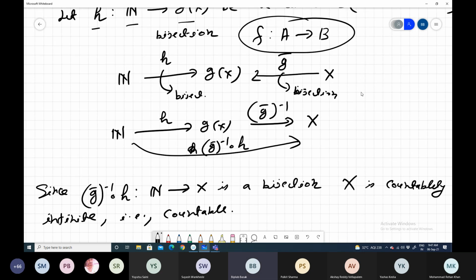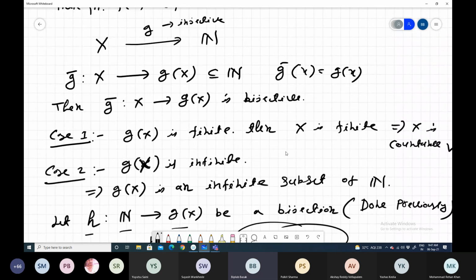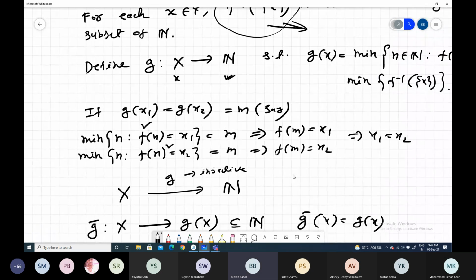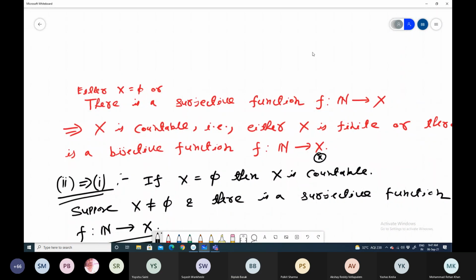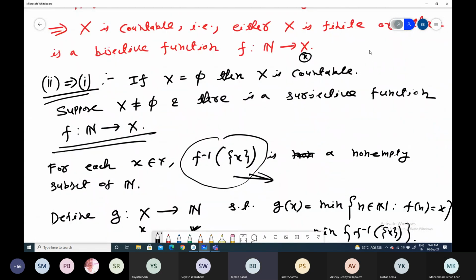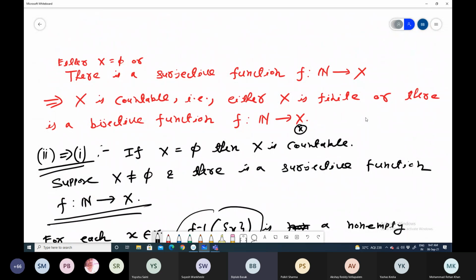Right. So now we show what is the importance of this theorem. So we learned something good. Previously, to show that a set is countable, you needed to show that either it is finite or there is a bijection from N to X. But as I told you, it is always difficult to find a bijection.